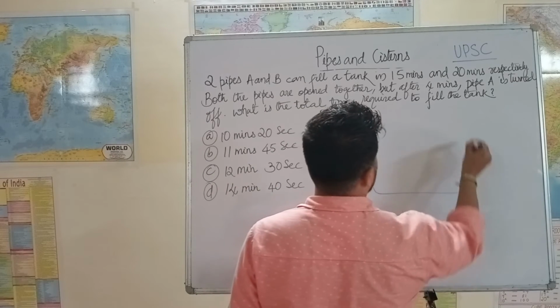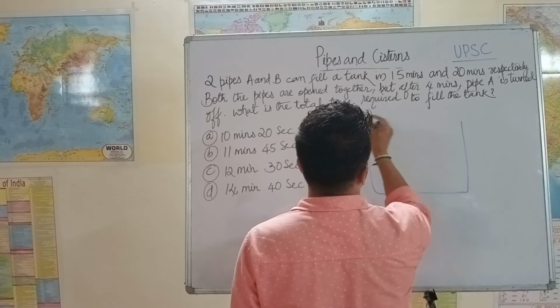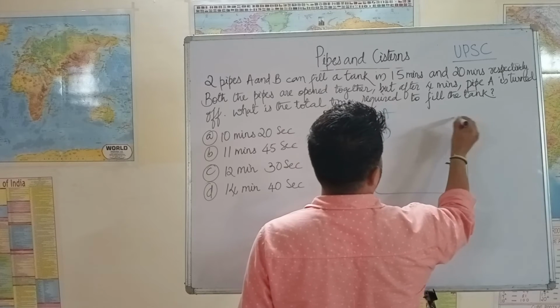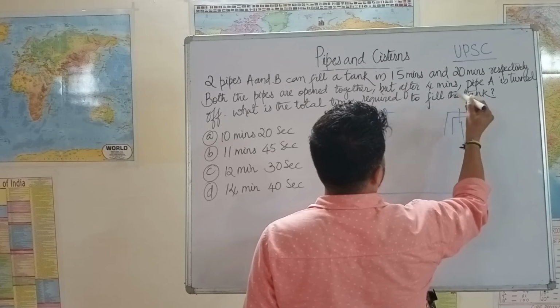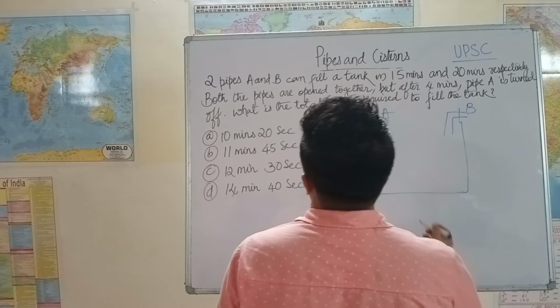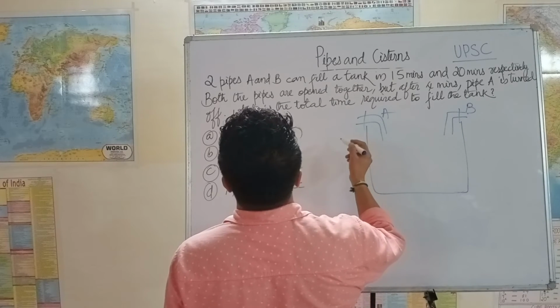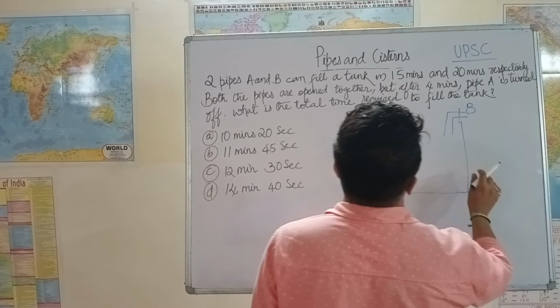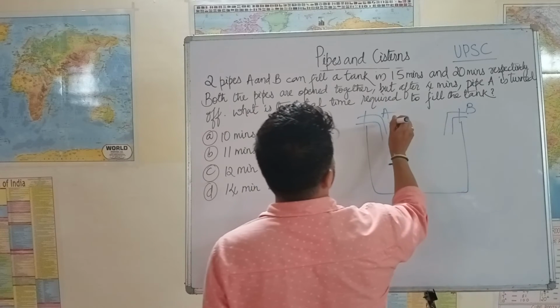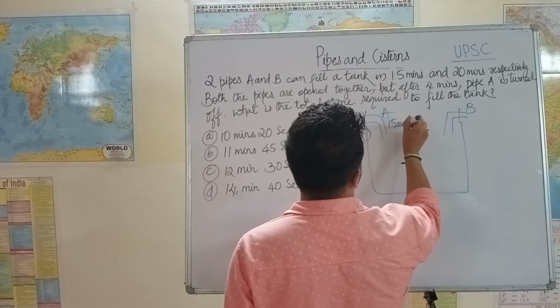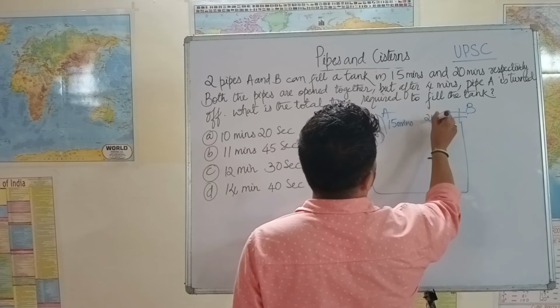This is the system. There are two pipes, pipe A and pipe B. Individually they can fill the tank in 15 minutes and 20 minutes.